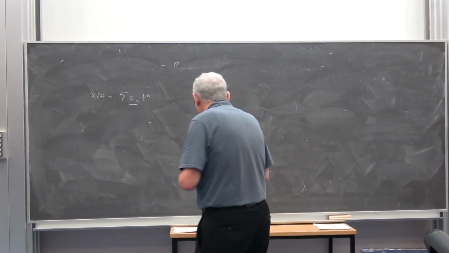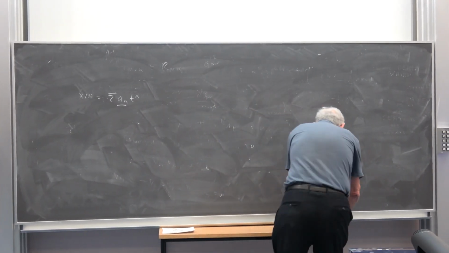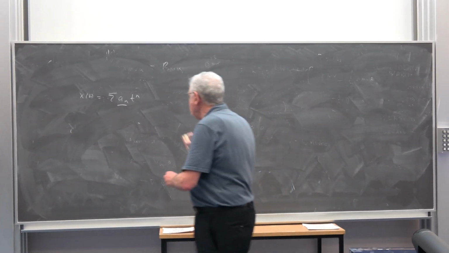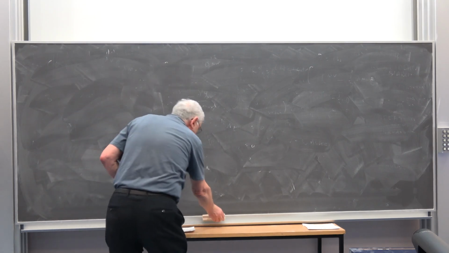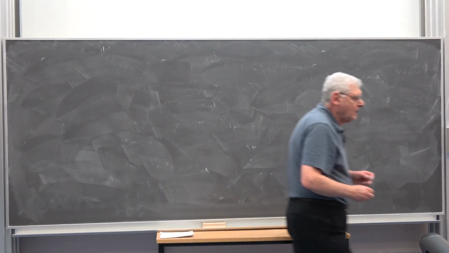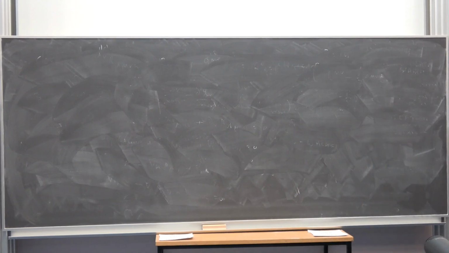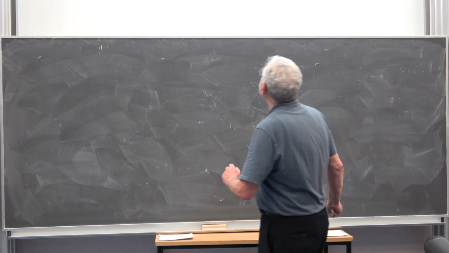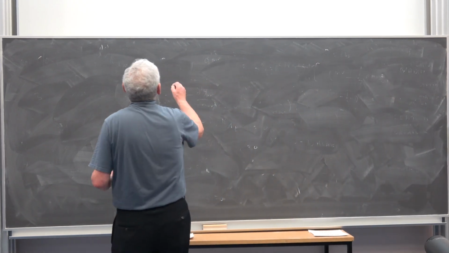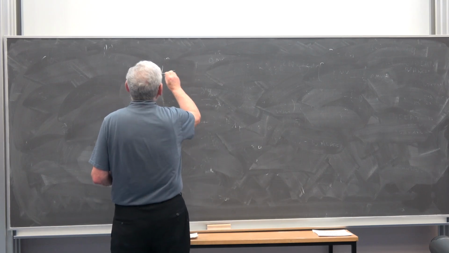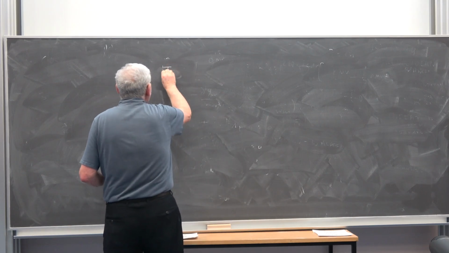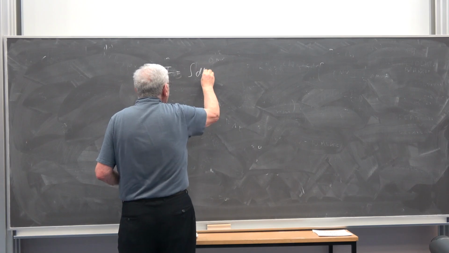Okay. But we don't need a functional variation today. What we need to do is to construct an energy momentum tensor. Now, an energy momentum tensor, there are two features to it. If we have a Lagrangian, I'll just do regular Lagrangian. The action is equal to the integral d^4x of the Lagrangian.